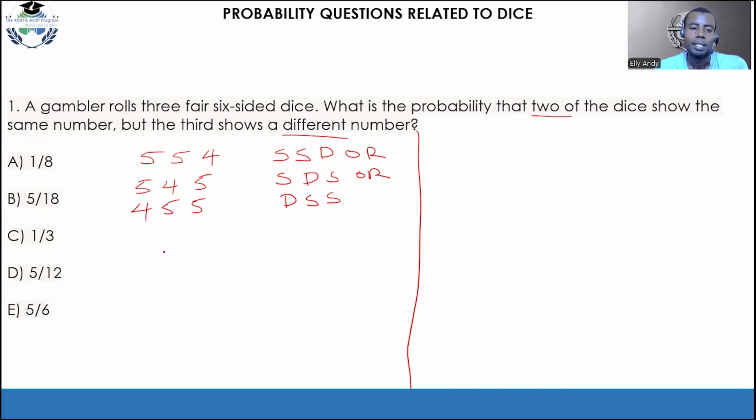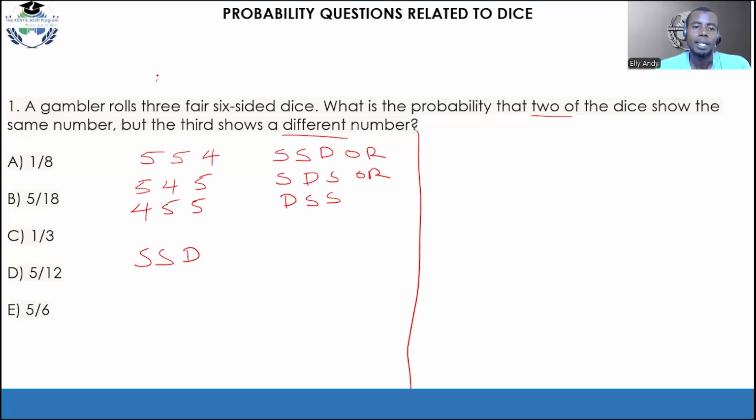So that is the first step, understanding what the question is asking for so that we know the possibilities. Now, after this, let's look at how we can calculate the probability of getting S, S, D. Here, the thing to keep in mind is that for the first die, we are not interested in a specific number. It can be any number.